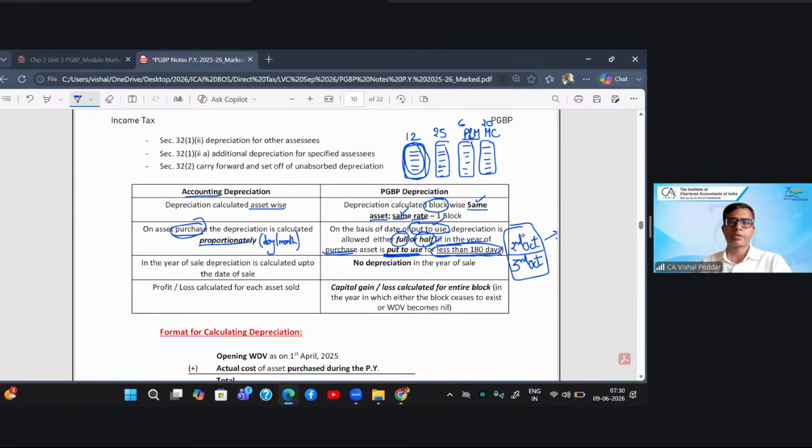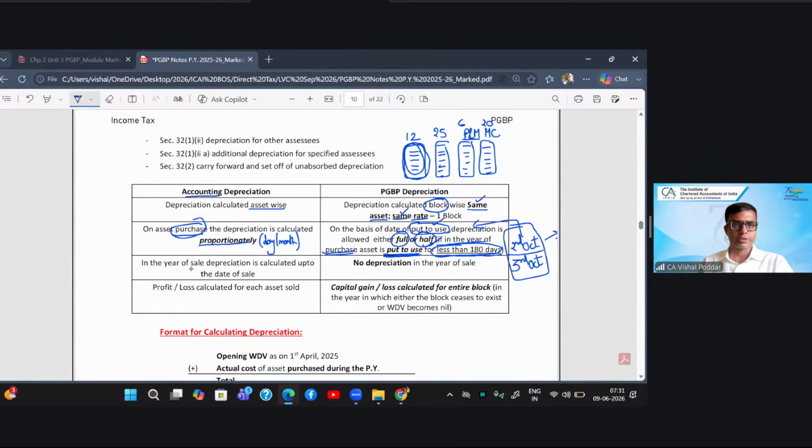If the put to use date is 2nd October or an earlier date, you will take full depreciation. This is the simple point you have to keep in mind. And if you count from this 2nd October onwards up to 31st of March, you will get the exact number of days as 180. So this is our cutoff point. I hope this is clear to all.